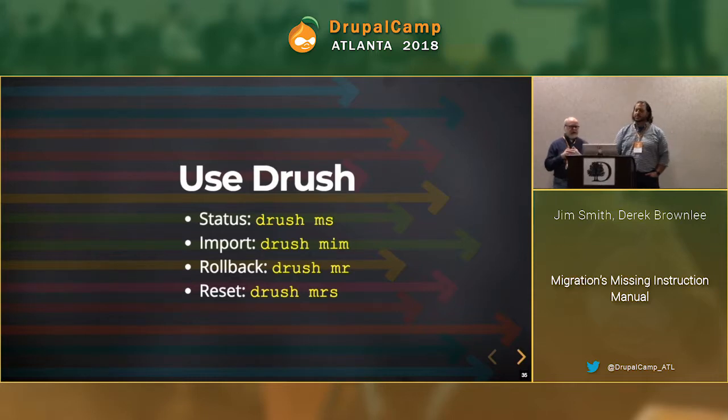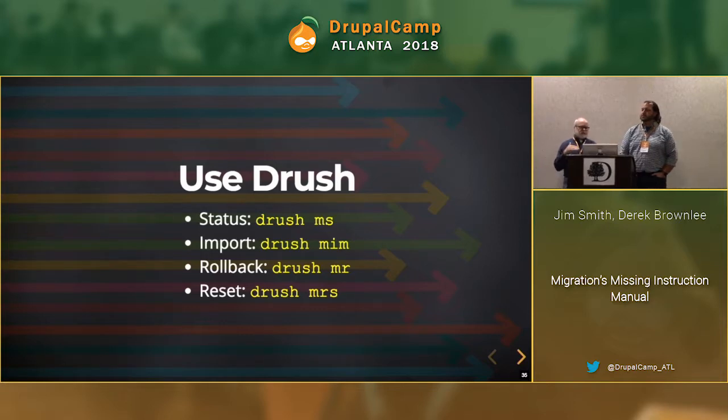The status just lets you know how many nodes or how many entities are ready to be migrated or have already been migrated. And it gives you an understanding of where things are at that moment. Import would be running the actual migration. Rollback would be if you ran the migration and decided you needed to undo it for whatever reason.